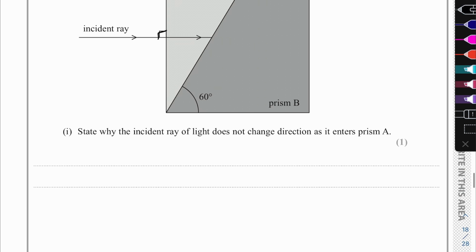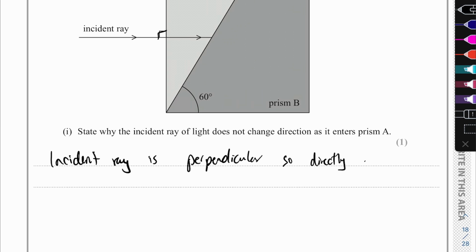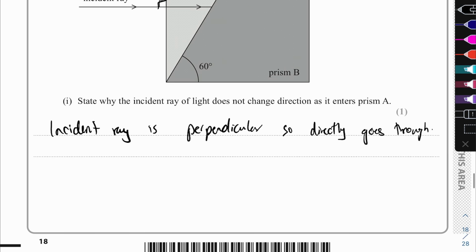So we can say the incident ray is perpendicular, so it directly goes through. It's only one mark, so you don't need to think much about it.